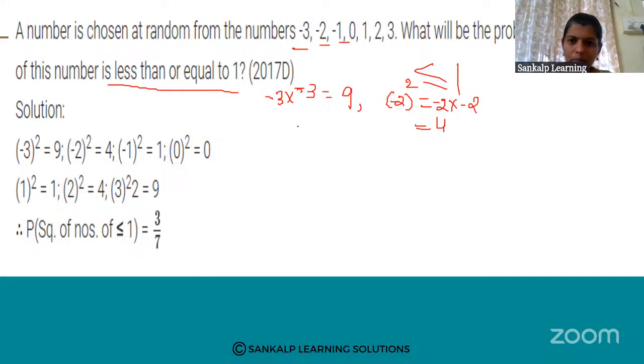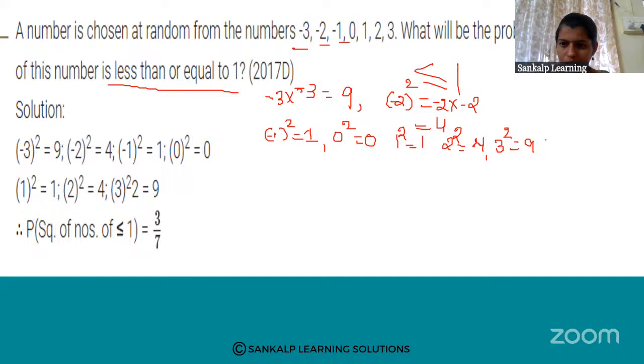Next, -1 whole square is 1 only. Next, 0 whole square is 0. 1 square is 1. 2 square is 4. 3 square is 9.